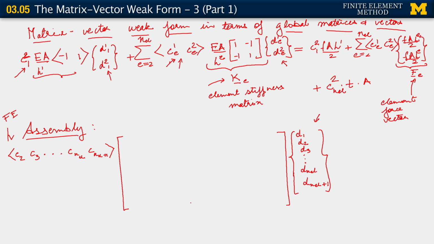The way we do this now is to observe that there are contributions coming, for instance, C2 multiplies D1 and D2 because of the contributions coming from element 1. So those would be the contributions EA over H1 with a minus sign here and EA over H1 again.